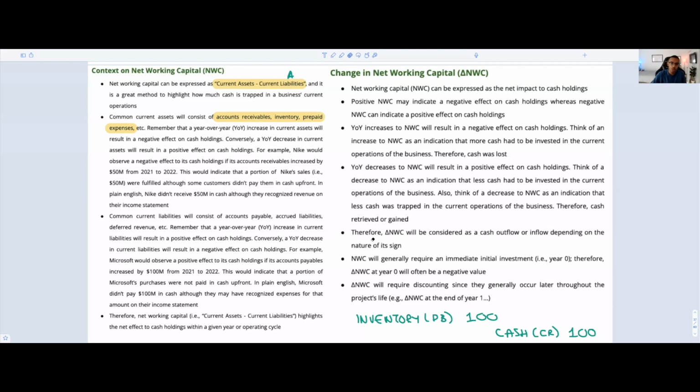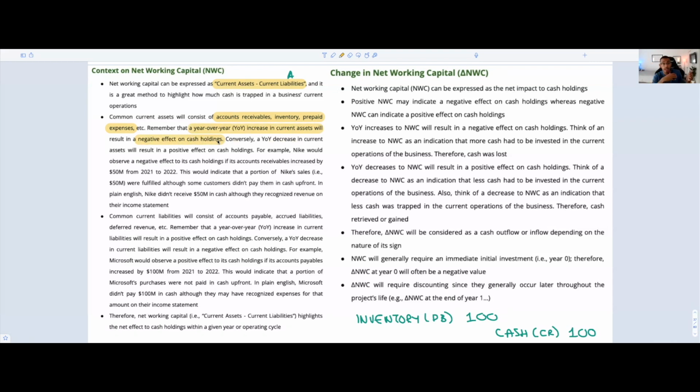So what I'm trying to highlight here is that when your current assets are increasing, as you can see here, it actually results in a negative effect on your cash holdings. And our example at the bottom of the screen really highlights that.